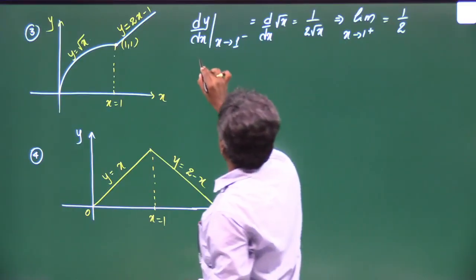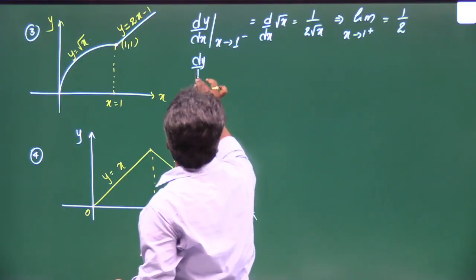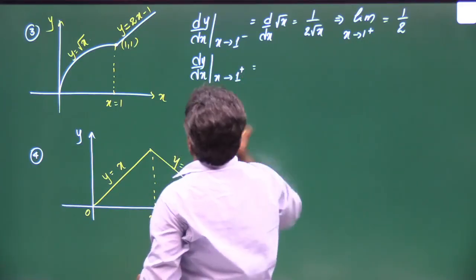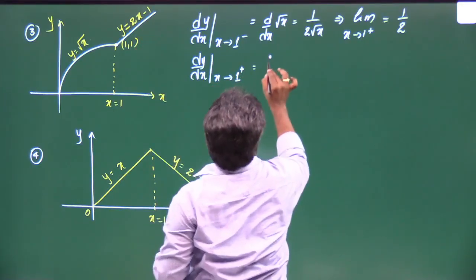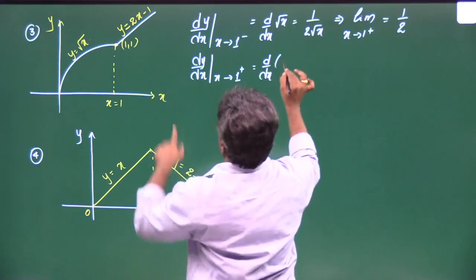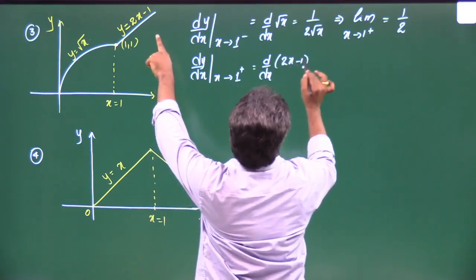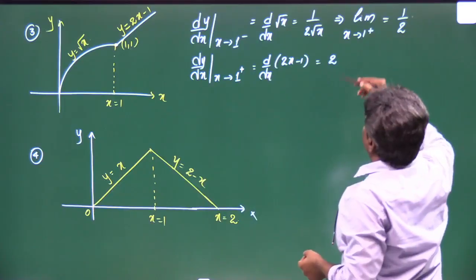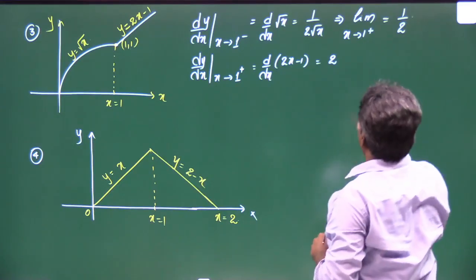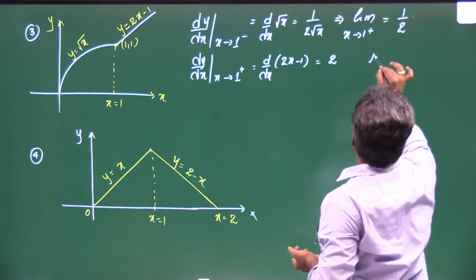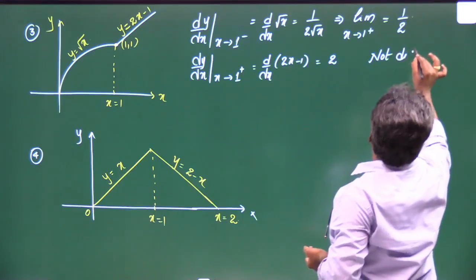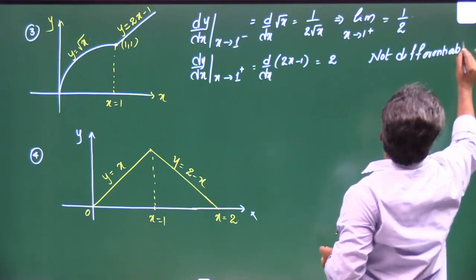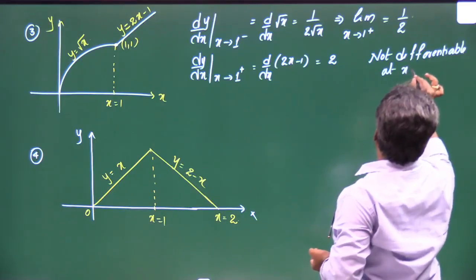Next I am taking the right side derivative, dy by dx as x tends to 1 plus. Here the derivative of the function 2x minus 1 is 2. So the left side and the right side are different, that's why this is not differentiable at x is equal to 1.